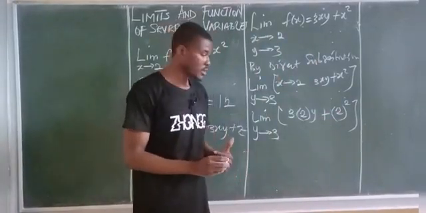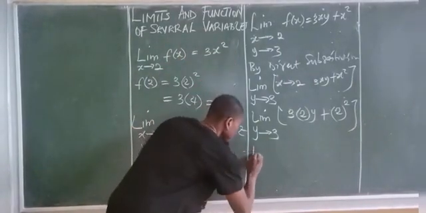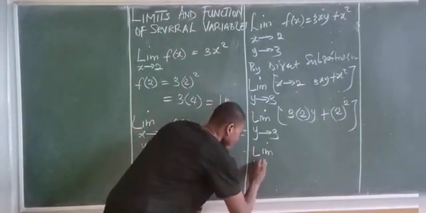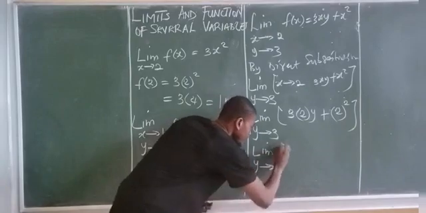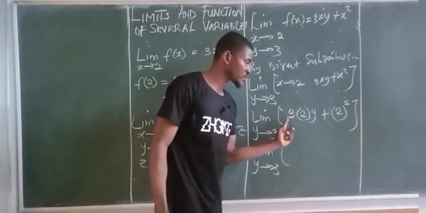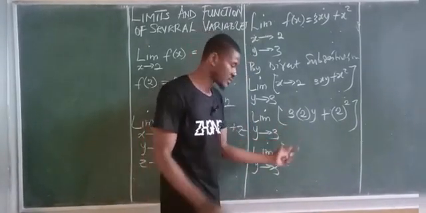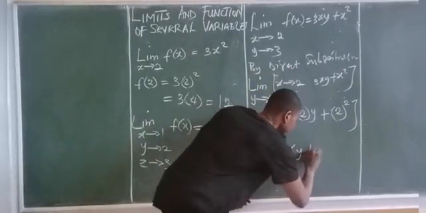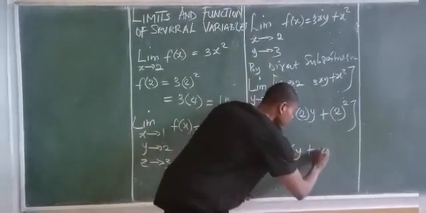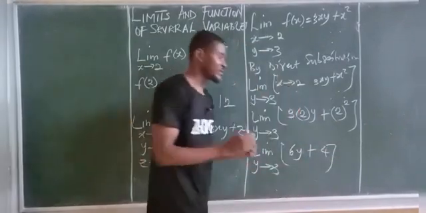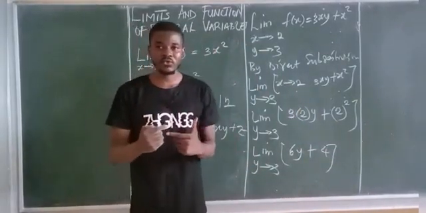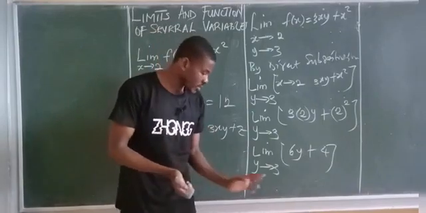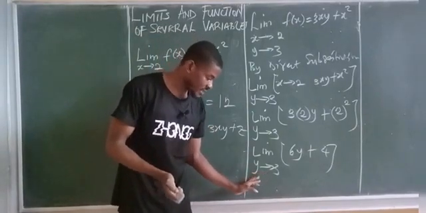So I have this. Okay, so this gives me the limit as y tends to 3. The function becomes, of course, 3 times 2 simply gives me 6. So I have 6y, plus, of course, 2 squared simply gives me 4. Now, the final test of substitution is by simply what? Putting in the value of y as 3.